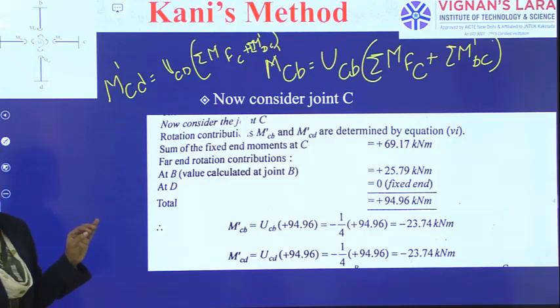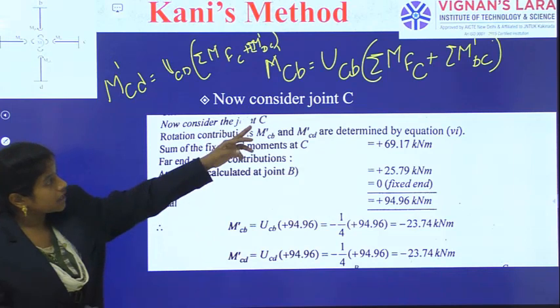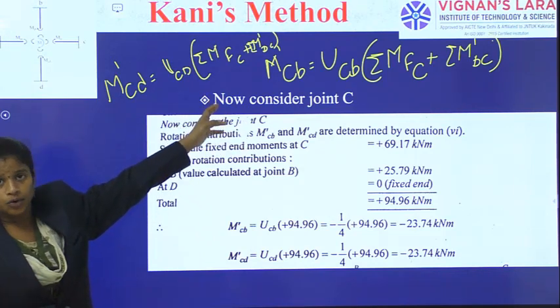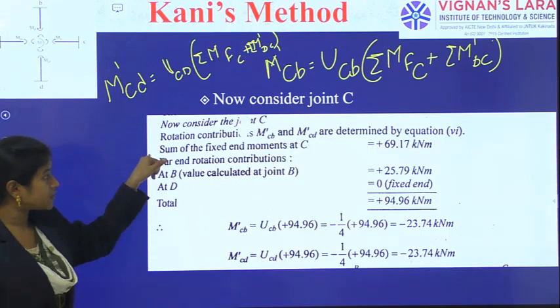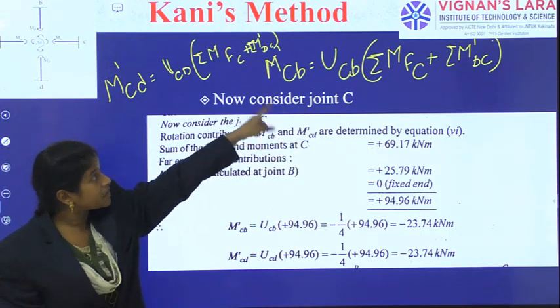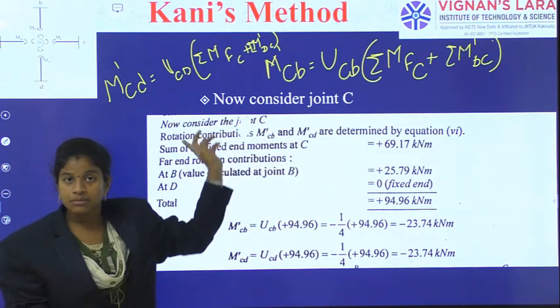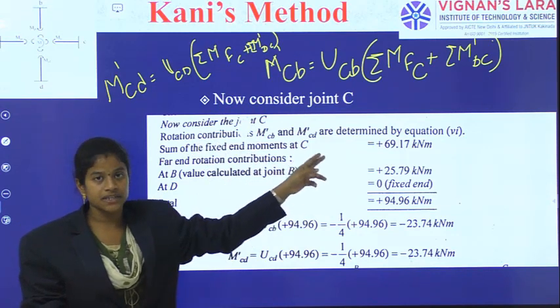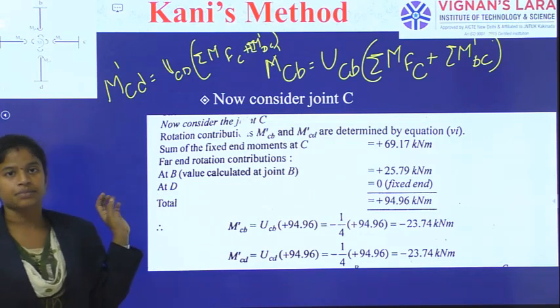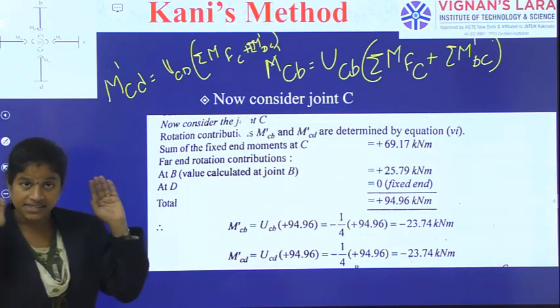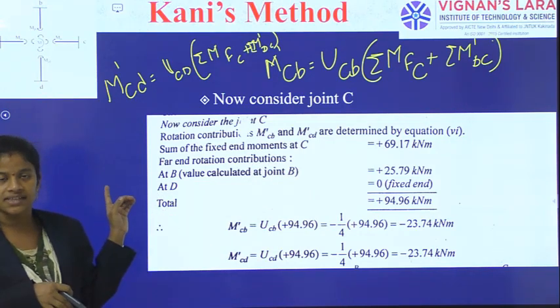First, what are the fixed moments that we know? MFCB and MFCD I know. So the first step is that the rotation contributions will be determined as follows. The first thing is the sum of the fixed moments at C, sigma MFC, which is plus 69.17, which we got in the previous step. The sum of the fixed end moments was a separate step we did right before this, the C step.